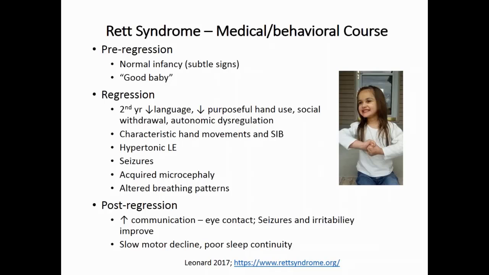Children have dysregulation of breathing with breath holding and hyperventilation, and sleep disturbances. Purposeful hand movements are lost between 12 and 18 months, and characteristic hand movements develop, like wringing, clasping, clapping, hand-to-mouth tapping. We might also see SIB, which is self-injurious behavior, like hand biting and hair pulling.